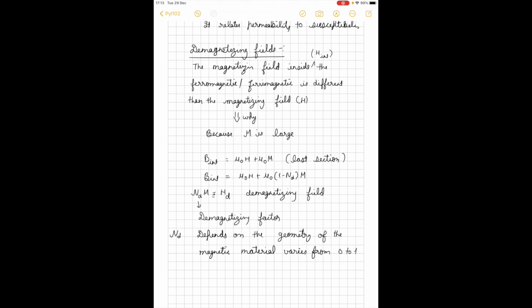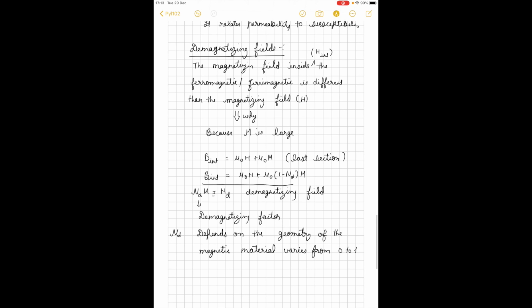You can see from here, if Nd is equal to 1, then the M part will be completely gone from this equation, and if Nd is 0, then there is no demagnetizing field at all. So depending upon that, you can tell how much field the ferromagnetic or ferrimagnetic material is feeling inside its system. Okay, so this was the demagnetizing field.